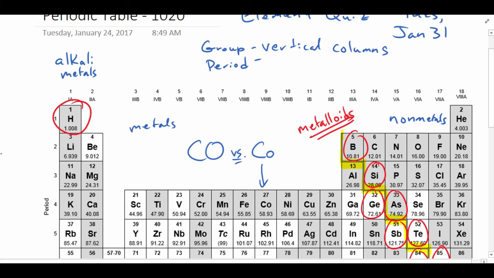It's not a metal, it is a non-metal. So alkali metals actually begin with lithium and go on down from there. The elements of group 2, these elements here are called the alkaline earth metals.